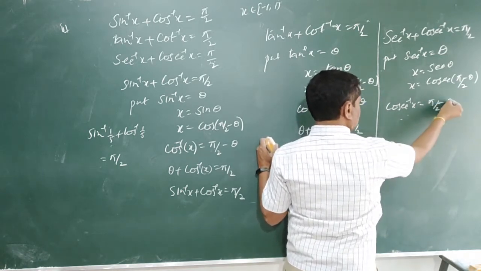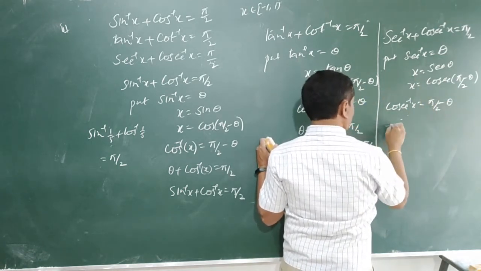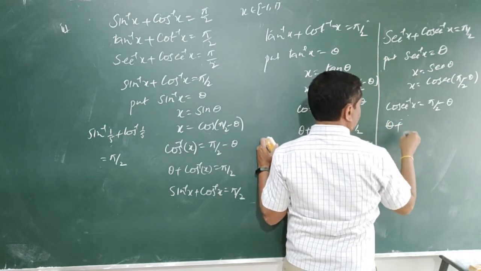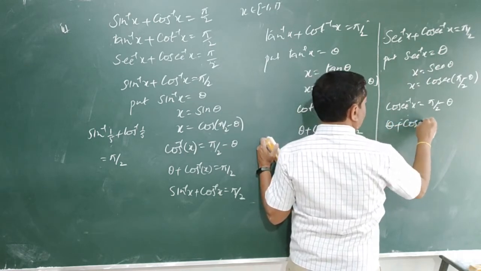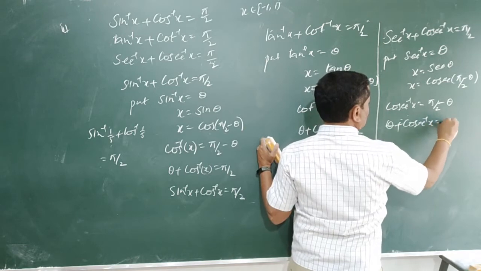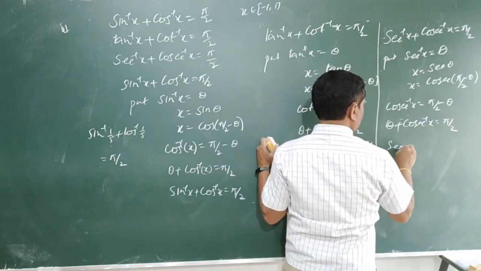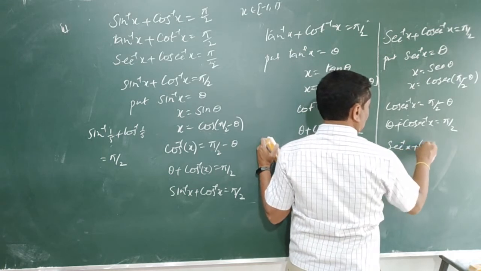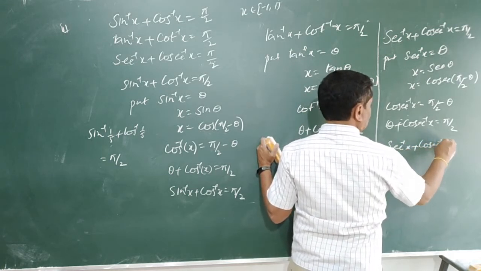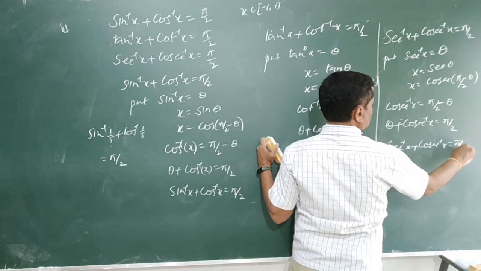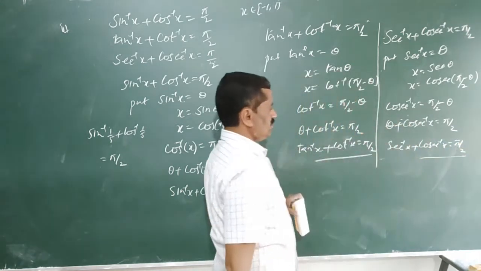Again bring this theta to LHS. Therefore theta plus cosecant inverse of x is equal to pi by 2. Theta value, that is secant inverse x plus cosecant inverse x is equal to pi by 2. Hence proof.